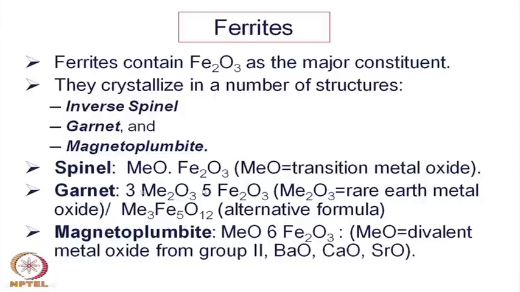Magnesium aluminate is actually a normal spinel, whereas all the ferrites are actually inverse spinel. We will tell you what exactly it means.